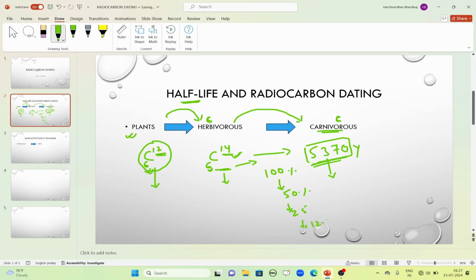Like this it keeps on decreasing. So while carbon dating, if scientists find the remaining carbon 14 percentage, they know how many half-lives have passed: one, two, three. So approximately 15,000 years old, that stuff is 15,000 years old. By this we can know how old the animal or plant is.